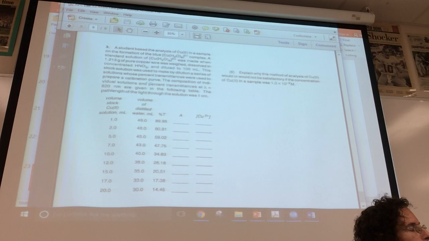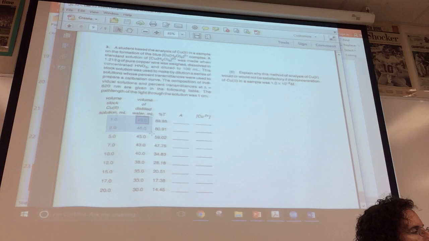You need to figure out the concentration of copper ion in the concentrated solution. So you will convert the mass to moles, and you will divide it by 0.100 liters to get the concentration of the stock. To get the concentration of the dilute solution, you have the volume of the stock, you have the volume of water used.